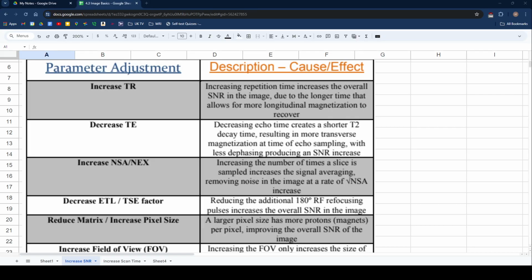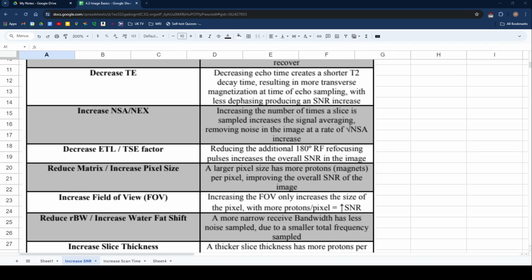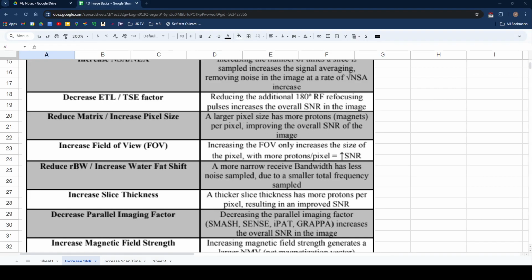Increasing your NEX is increasing the number of times a slice is sampled, removing the noise in the image at a rate of the square root of the NSA increase. Decreasing your ETL will increase your signal to noise because it reduces the additional 180 RF refocusing pulses, resulting in an overall increase in SNR. Reducing your matrix or increasing pixel size also increases it, because there are more protons per pixel.